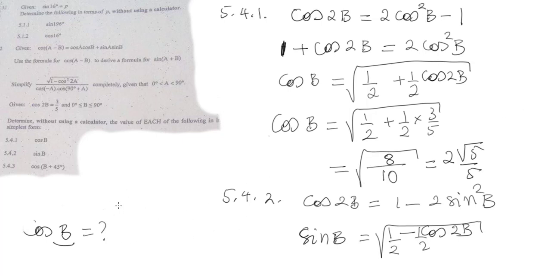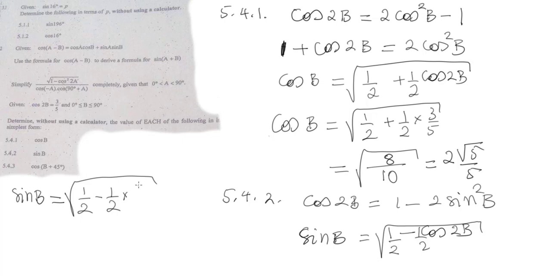So if we continue over here, what is going to happen? Same order. We have sin b will be the square root of 1 over 2 minus 1 over 2 cos 2b, and cos 2b is 3 over 5.